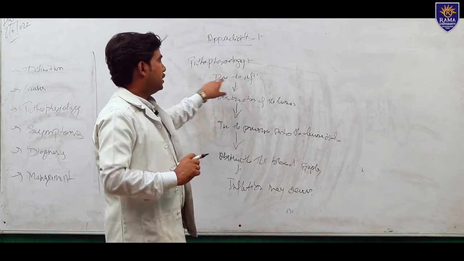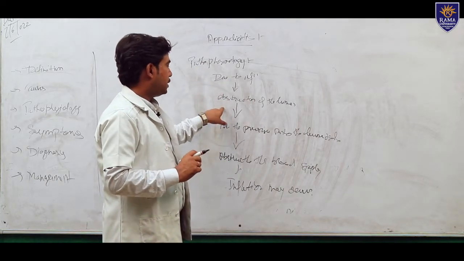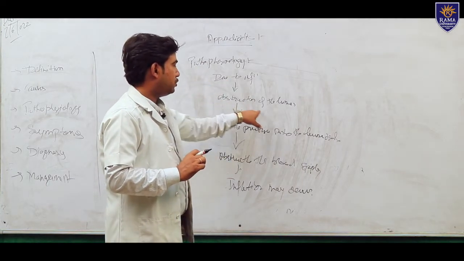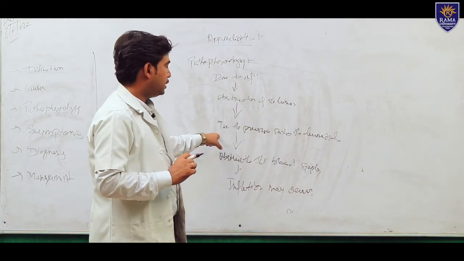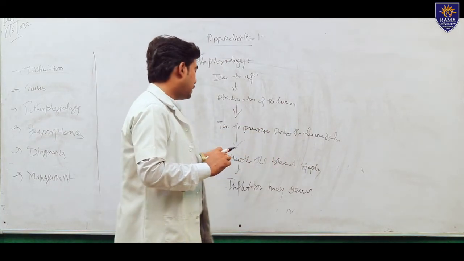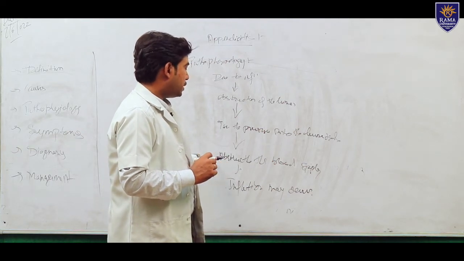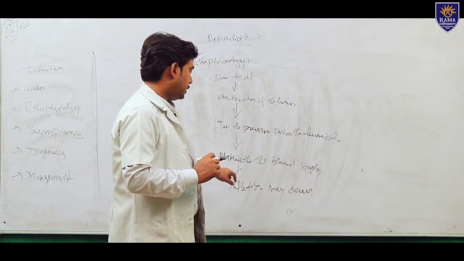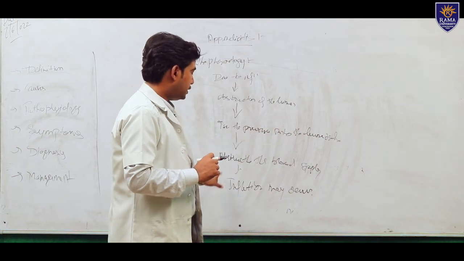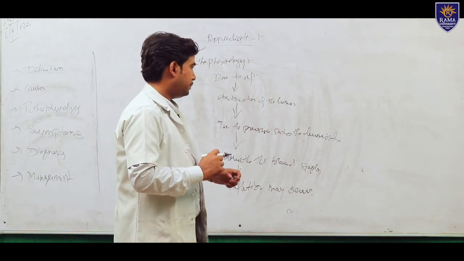First, after infection, the obstruction into the lumen site, then the pressure of the lumen site increases, and the blood supply to the particular area is not proper, and then infection may occur.